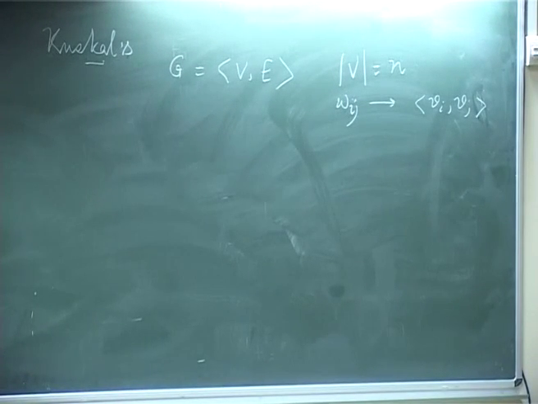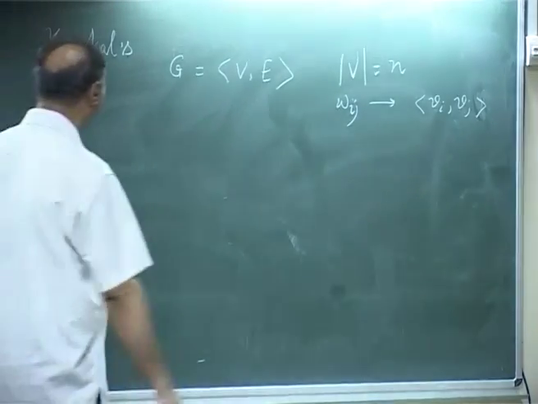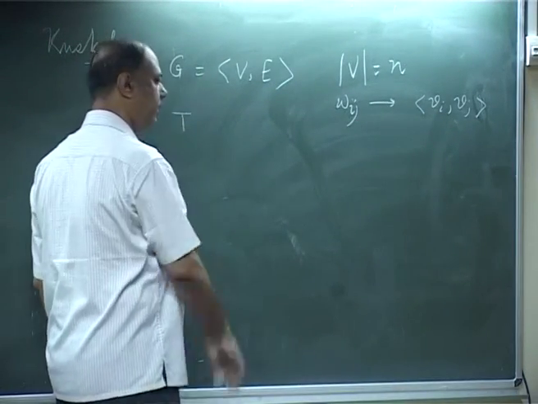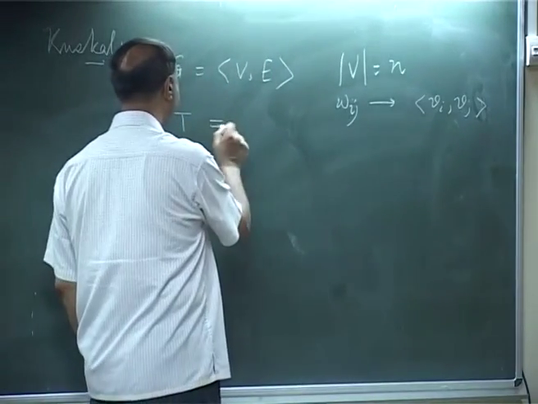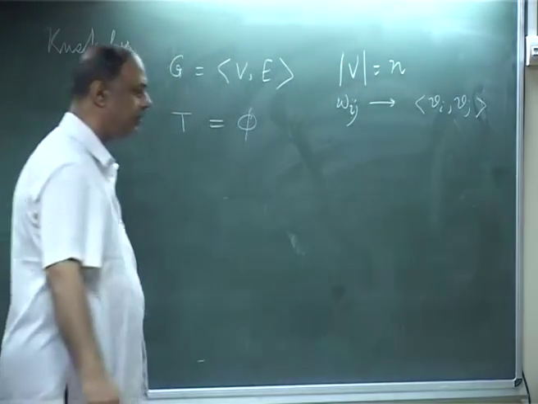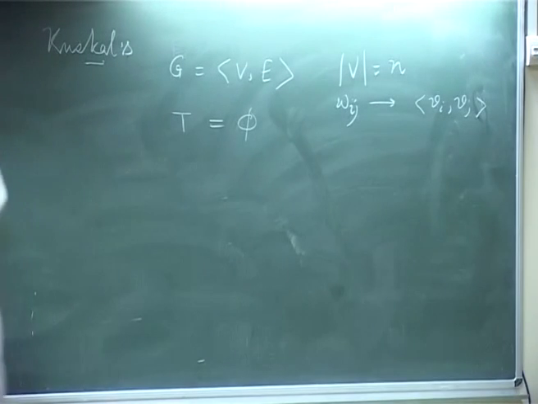Now since I have to obtain a tree, let T be the tree. Initially it is a null tree. Okay, and we have to finally obtain, if possible, a tree having the number of edges as n minus 1.